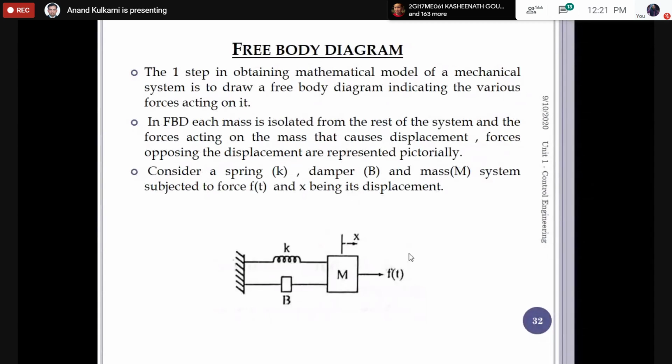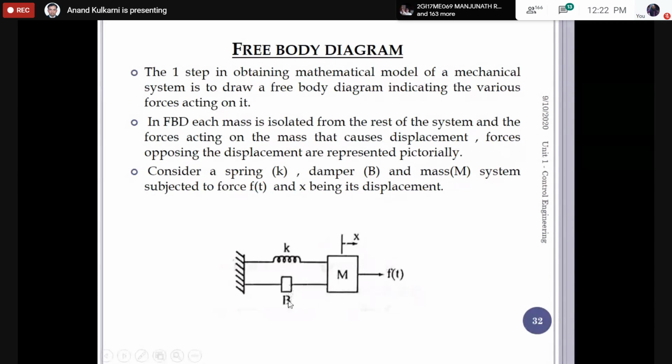Now, here you have to see one problem. We'll start with a simple problem. We have one forcing function acting upon a mass. The displacement of the mass is x, whereas it is joined to a rigid end by means of a spring and damper arrangement.